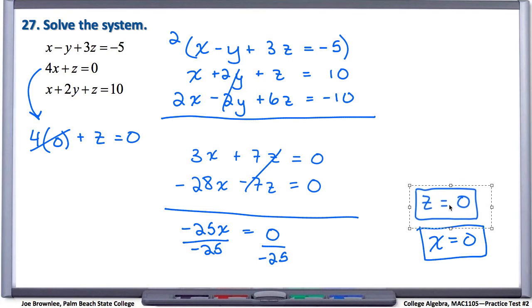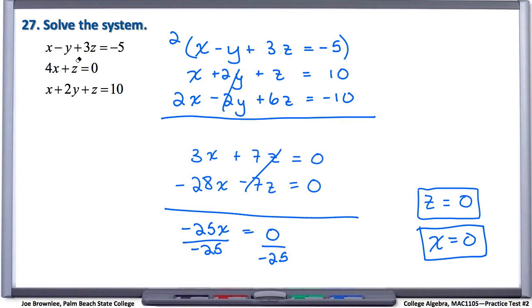We now have to solve for y, and to do that, we will use really any of the first equation or the third equation. How about we go ahead and use the first equation? So we're going to take x, which we're saying is 0, minus y, that's what we're looking for. We don't have a value for this y yet, plus 3z, so 3 times 0 equals negative 5.